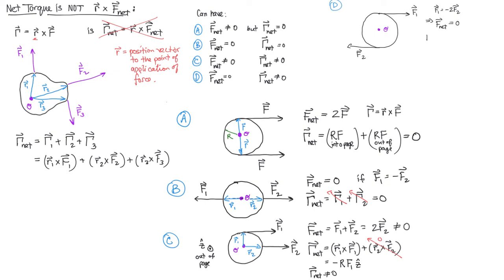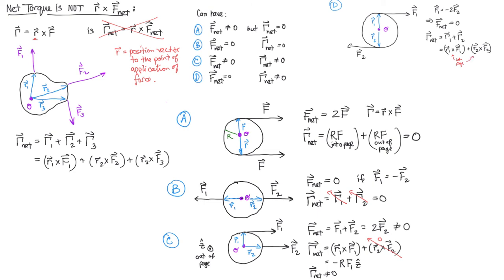And how about the net torque? Well, the net torque we have to do separately, torque 1 and torque 2. That's R1 cross F1 plus R2 cross F2, both vectors. And notice R1 points up to the point of contact for force 1, R2 down to the point of contact. Those vectors are perpendicular, R and F in both cases. R1 cross F1 is into the page. R2 cross F2 also into the page.